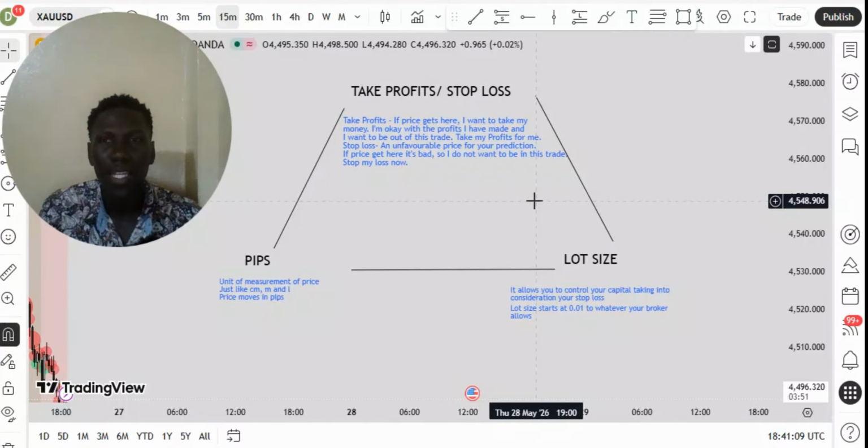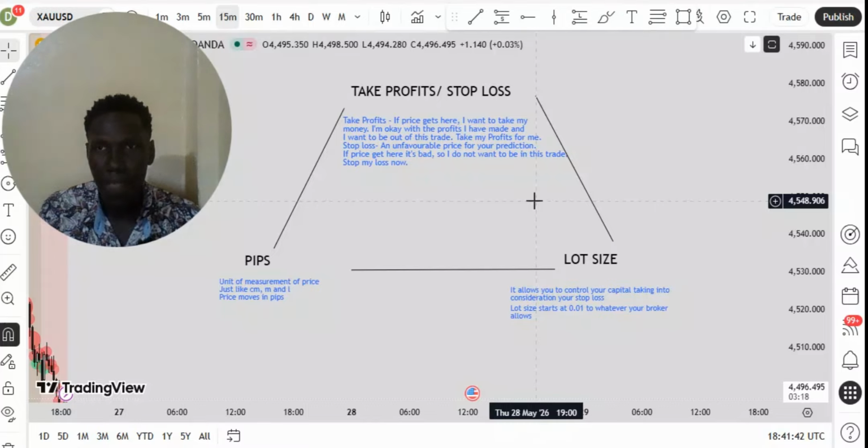And then stop loss is an unfavorable price for your prediction. If you believe the price should go up and then price starts going down, okay, it goes down to this level, to this price, I want to be out of the trade because it's unfavorable for me. So it's like, okay, I've lost enough, give me my money, take me out of the trade.